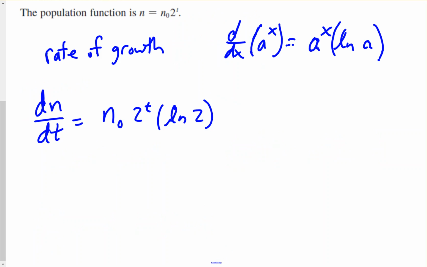Okay, so let's say we had an initial population, say n0 equals 100.